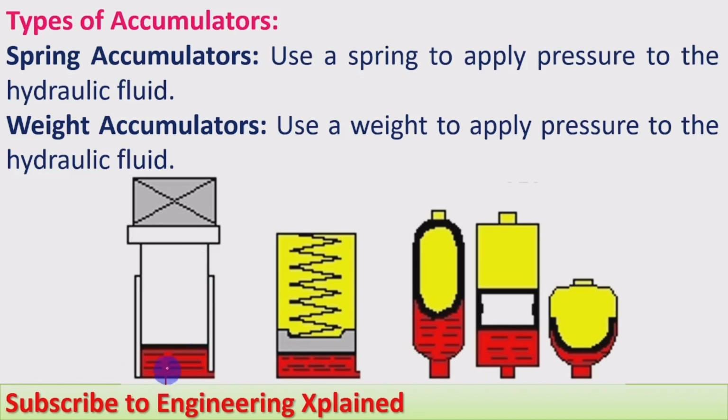When the pressure increases, the fluid will be stored here against the weight, and whenever the pressure decreases, that fluid will be supplied. And by using spring pressure, the fluid will also be pressurized in the system. The other three are the gas accumulators: bladder type, piston type, and diaphragm type.